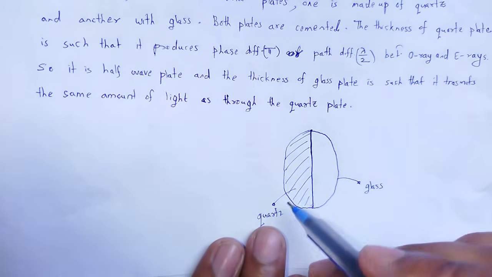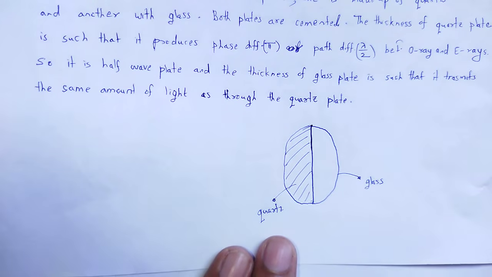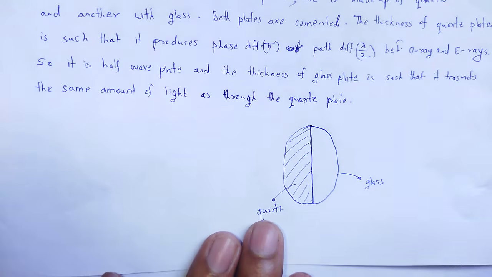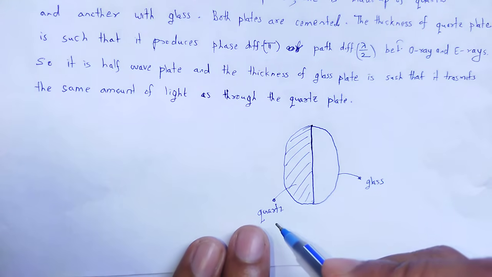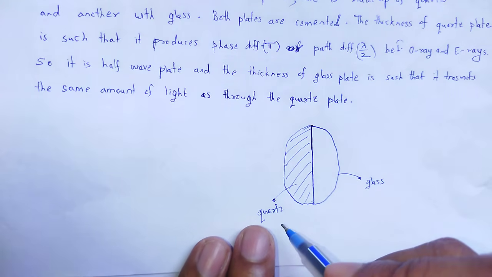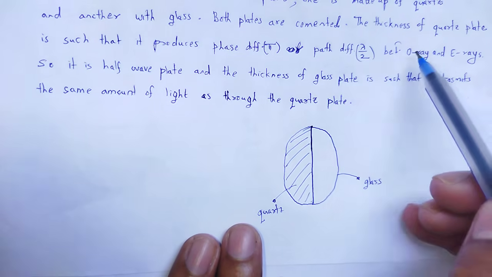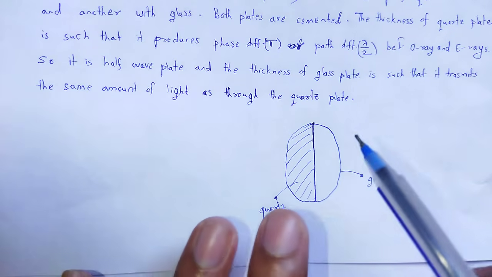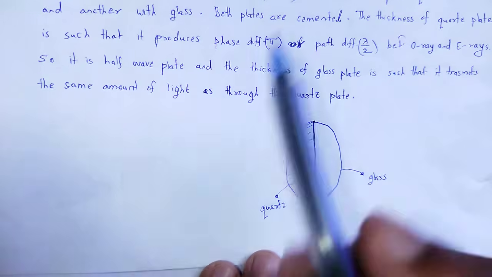But here we choose the thickness of the quartz in such a way that there is a phase difference of pi, or a path difference of lambda by 2, between the O ray and E ray. That is why the quartz plate is called a half wave plate, since it produces a path difference of lambda by 2 between the E ray and O ray. So the quartz plate acts just like a half wave plate.